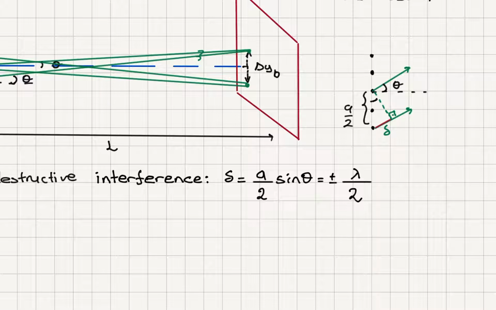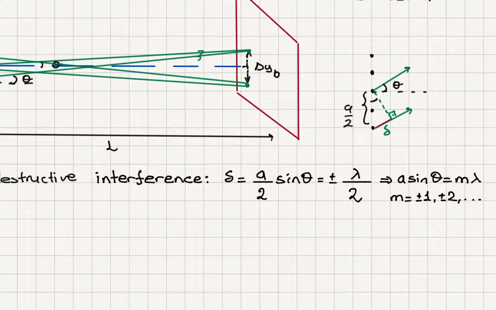So that gives me a sine theta equal to an integer multiple of wavelengths, m lambda, where m is equal to plus or minus 1, plus or minus 2, etc. So how do we obtain this integer m here?